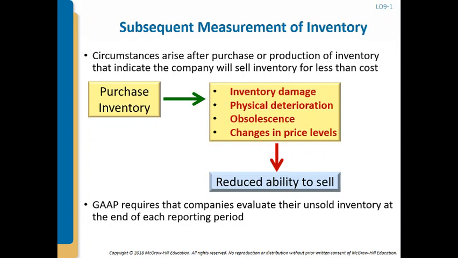GAAP requires that management at the end of each reporting period compare the cost of the inventory with its value, and if value is less, they've got to reduce it to the lesser of the cost or the value. We'll talk about how we figure out that value here.